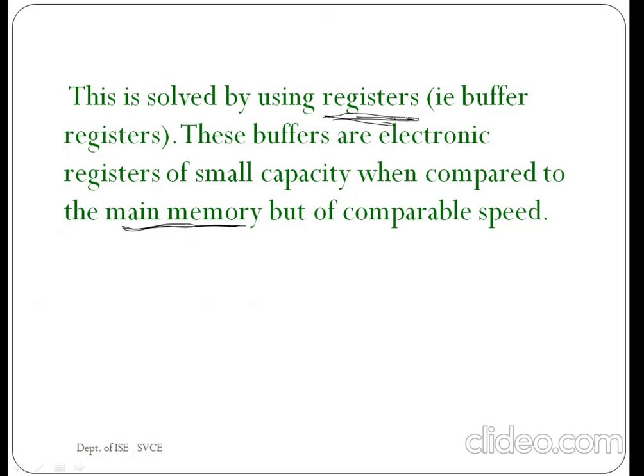The cost involved for a register is very high and the size of the register is very small, so we cannot store a lot of data in the registers. We can store only a small amount of data, and the remaining data is always stored in the main memory. So using this buffer concept, it is possible to improve the speed of the IO devices.